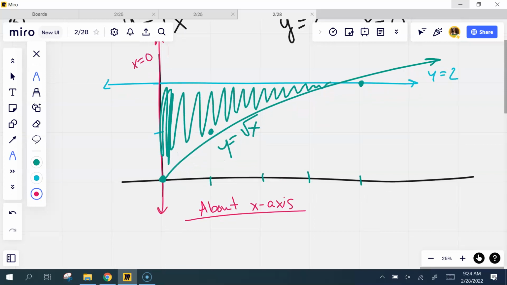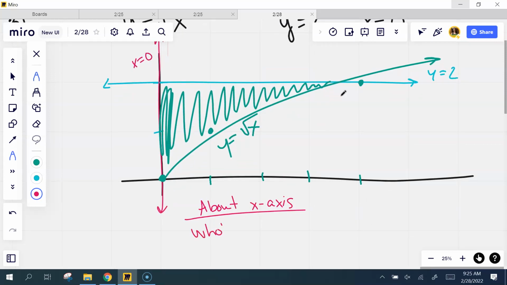So my whole is from here to here. It gives you these two equations and says rotated about the x-axis. Because if I'm rotating about the x-axis, then the whole thing goes down to the x-axis.